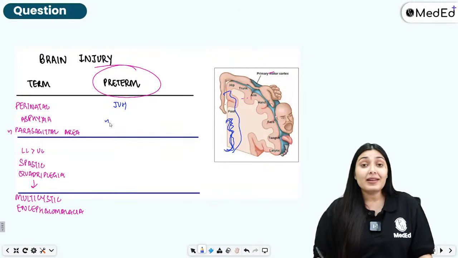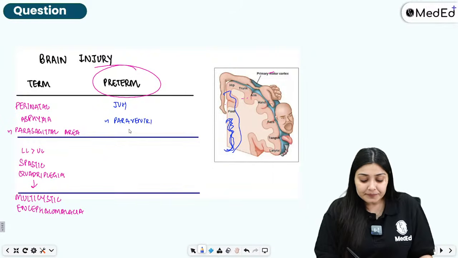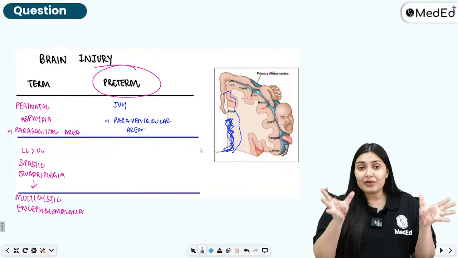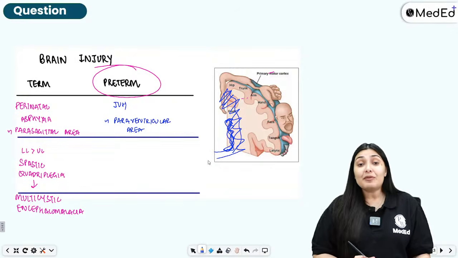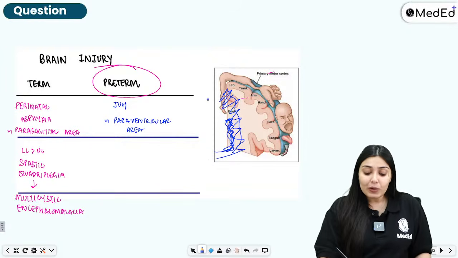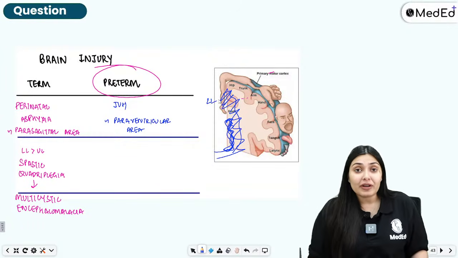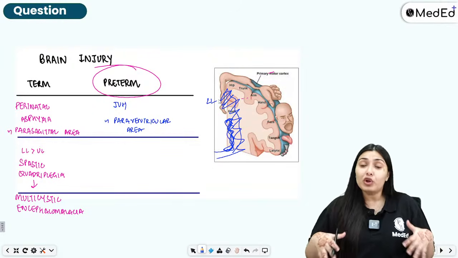And here the area that would be involved would be the paraventricular area. So if the ventricles are somewhere here in the midline, the lateral ventricles, the paraventricular area would be affected. That means which area would be affected, upper limb or lower limb? It is the lower limb that would be affected. So this child has a problem of the lower limbs.